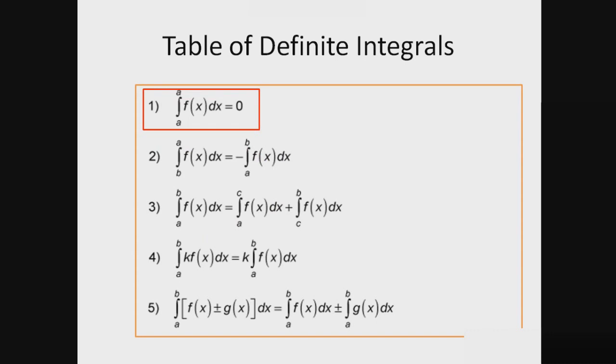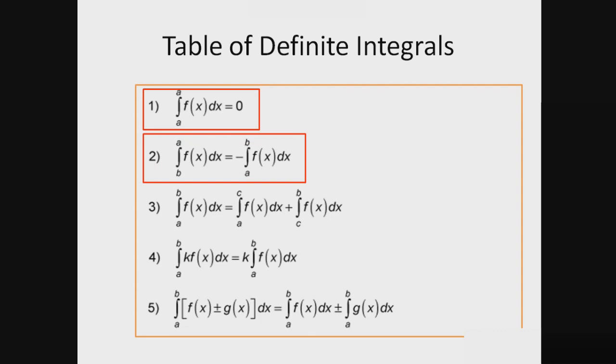The second property is that the integral from b to a is equal to the negative of the integral from a to b. If we swap the upper and lower limits, the sign becomes the opposite.